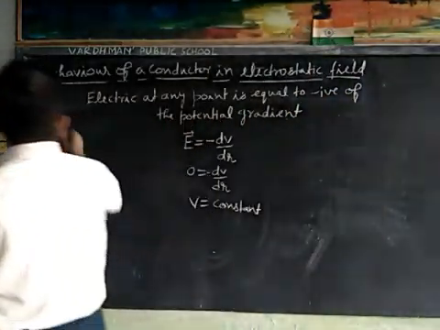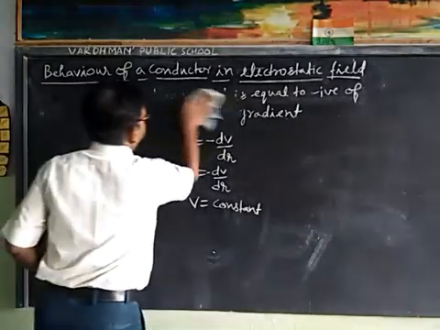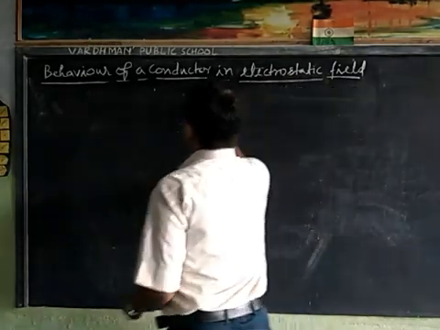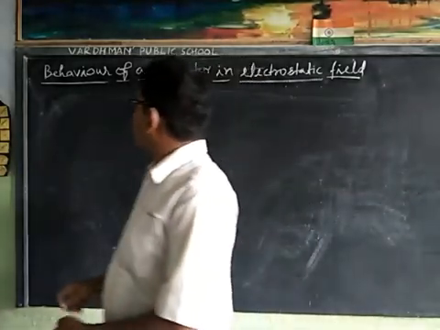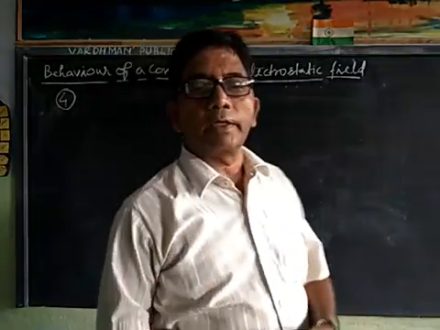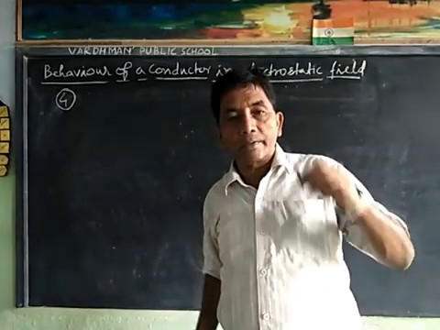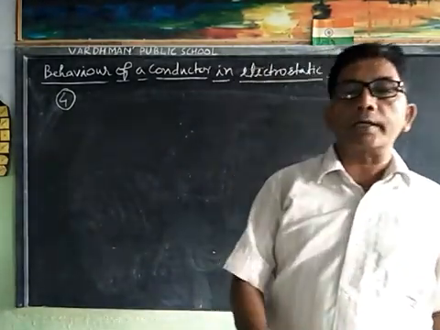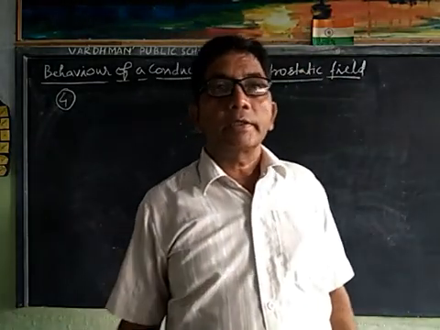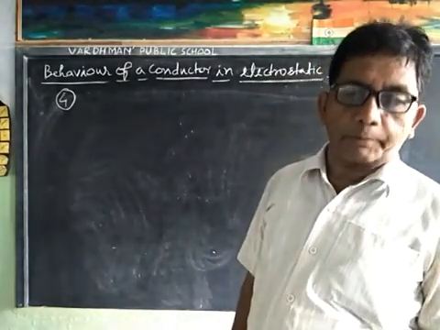This is the fourth property, the fourth behavior of the conductor in electrostatic field. Just outside the surface of a charged conductor, electric field is normal to the surface.